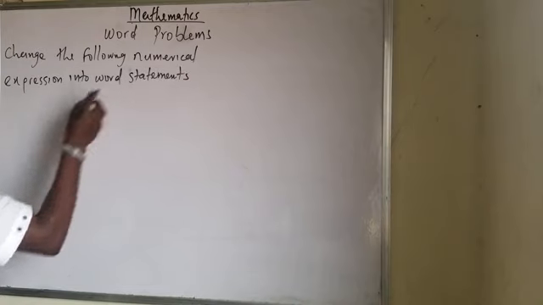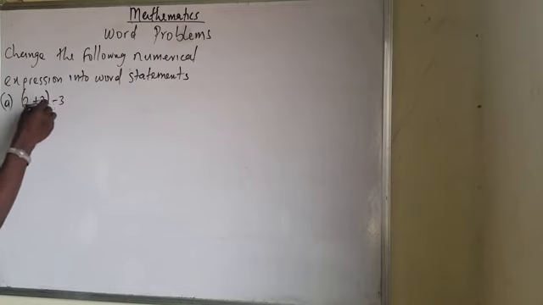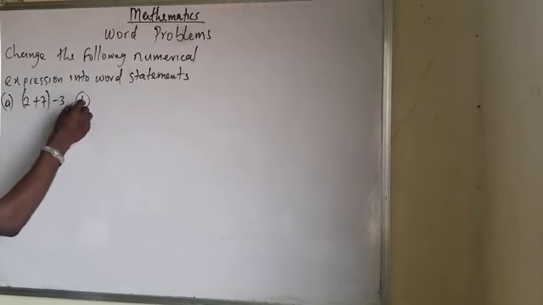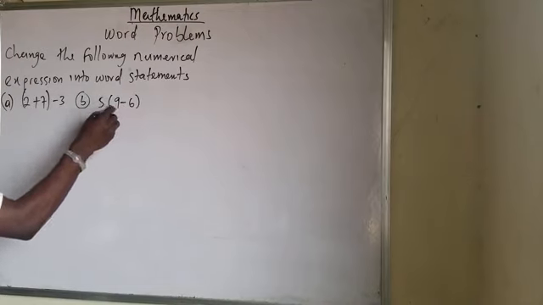The first one, A, I have 2 plus 7 bracket of minus 3. B, 5 bracket of 9 minus 6.